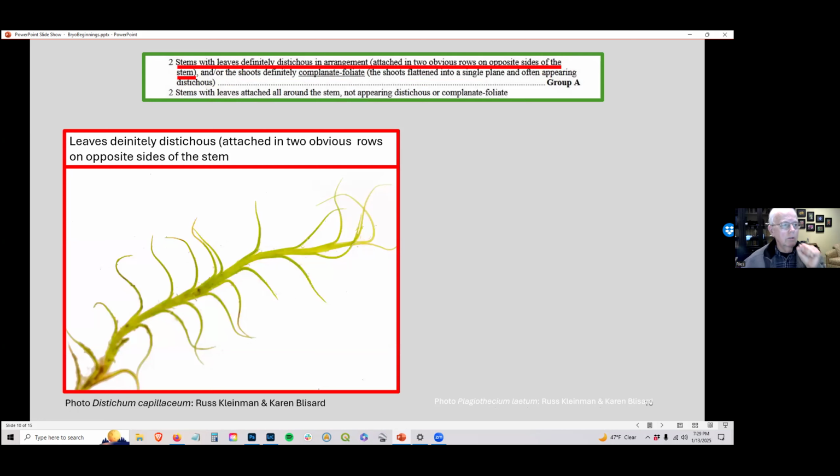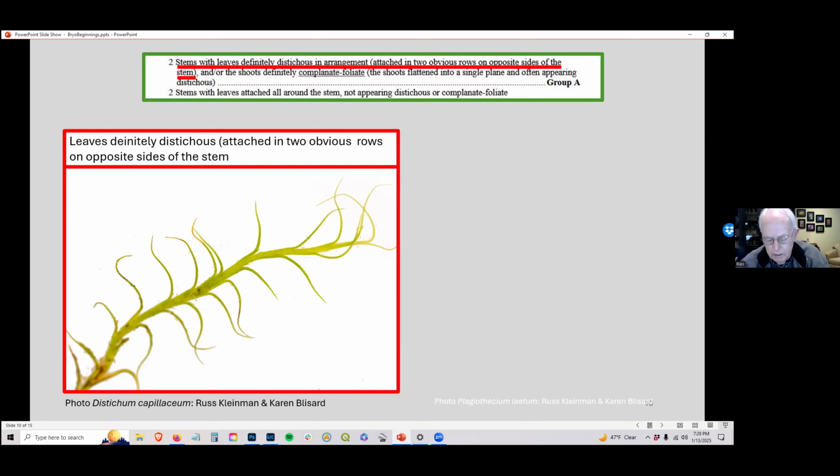Oh, I'm sorry, we're still up here with leaves, definitely distichous arrangement, attached in two obvious rows on opposite sides of the stem. You might remember this discussion from last month also, because these leaves are clearly on opposite sides of the stem. That one's on the bottom, one's on the top, one's on the top, one's on the bottom, and they're not necessarily opposite, but they are on opposite sides of the stem.